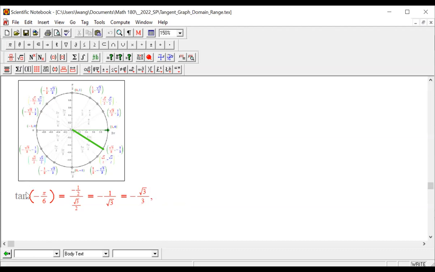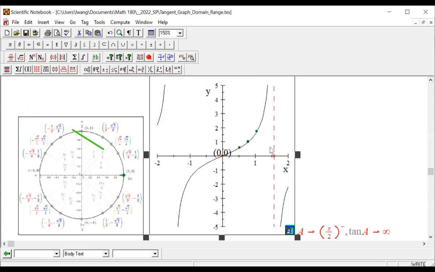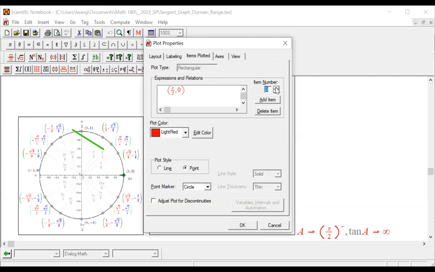That point is input, output, so the point is going to be -√3 over 6 and -√3 over 3. We're going to put this point in the graph, so we're going to add a point with a green dot right there.